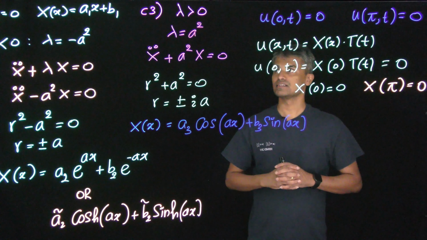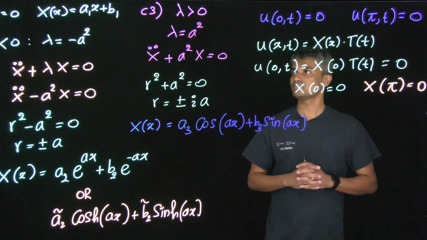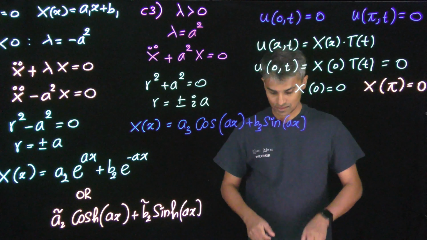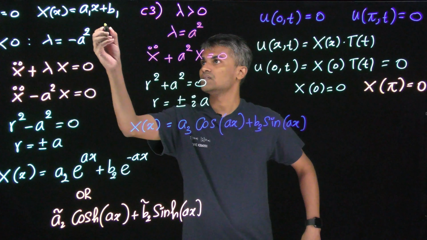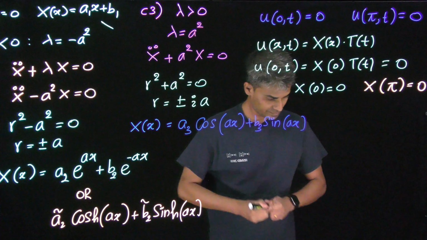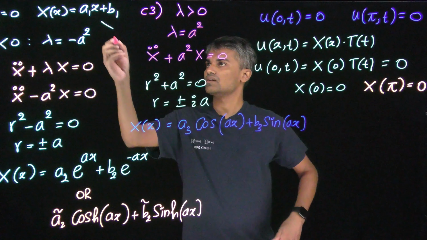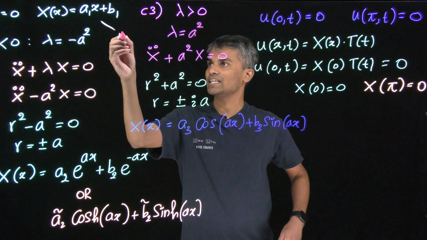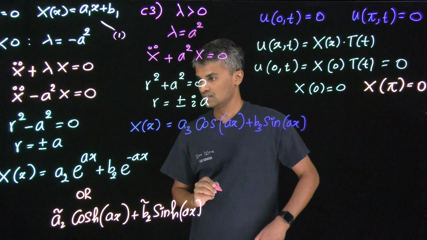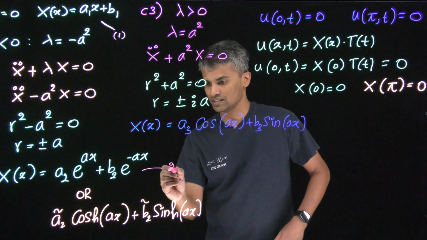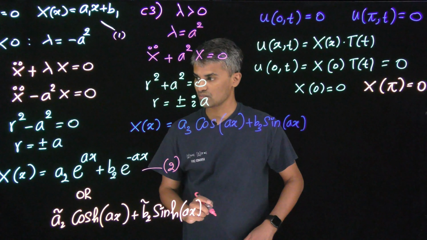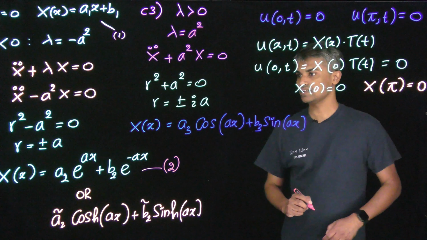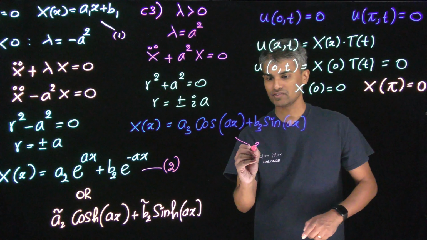Okay, great. Now let's consider. We have this one possibility, let's say equation 1. This is another candidate for our big X of x, and we have a third candidate which is this.